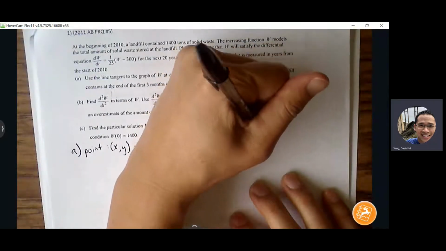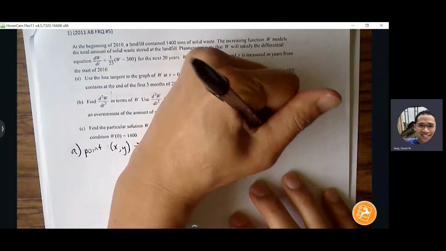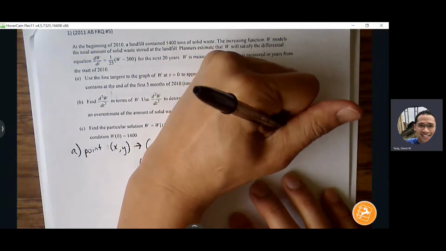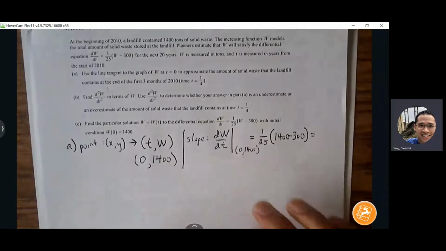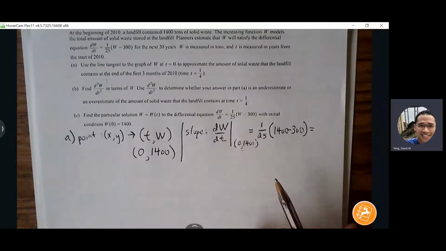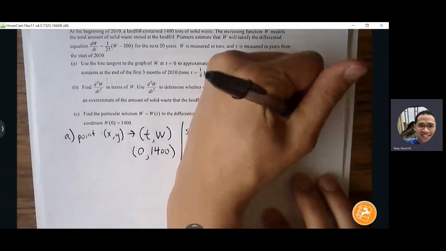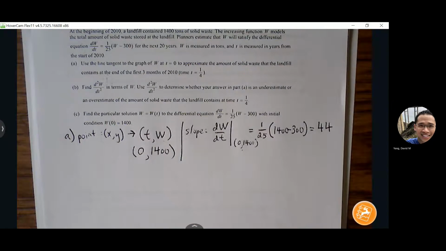So we'll insert into 1/25 times (1400 minus 300). You can use your calculator, but this is going to be 1100 over 25, which is 44. And that's our slope.